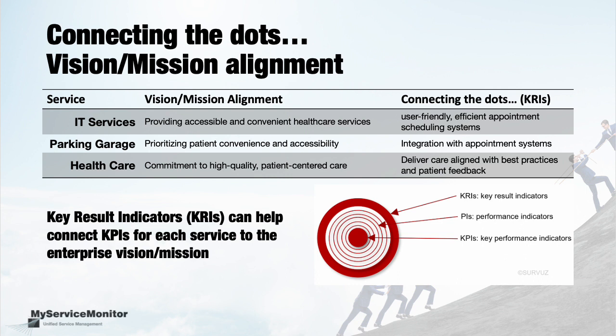Now, the KRIs play an important role in connecting the customer experience dots, since each service agreement will have their own key performance indicators, or KPIs, and these KPIs help the provider identify which performance indicators can be improved that will lead to results that are visible to the key result indicators. So all similarly structured agreements can be aligned with the enterprise vision and mission.